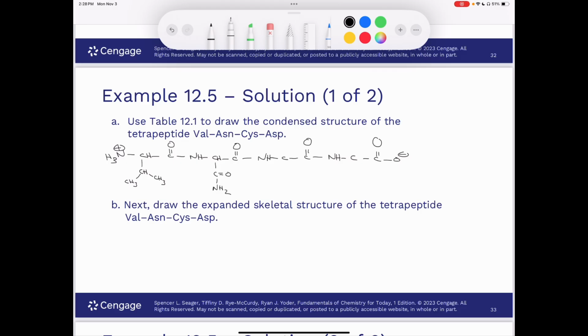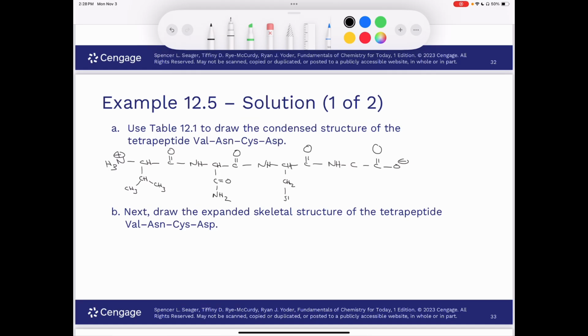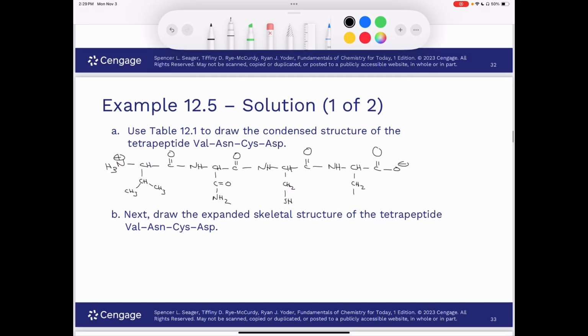The next one is cysteine. For our cysteine, we have our CH2SH. And then the last one is our aspartic acid. And for that, we have our CH2 and then our carboxyl group. Kind of running out of space here. I'll put it like that. If you want to put the condensed form, that might be a little bit prettier. So COO minus, like that.